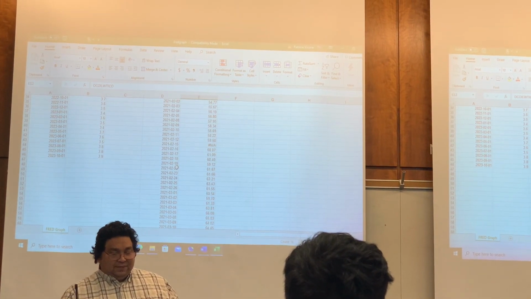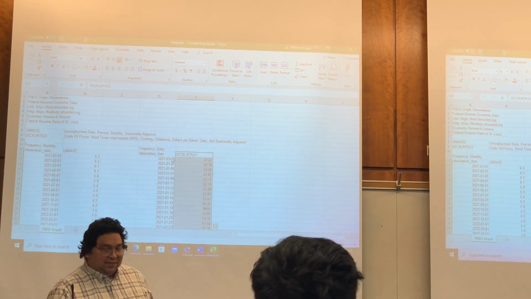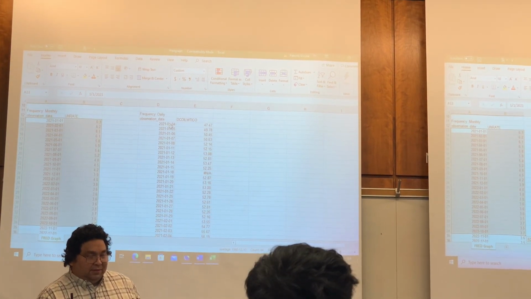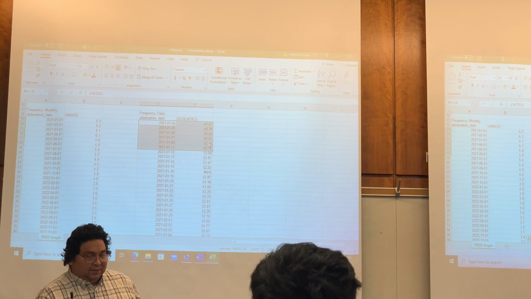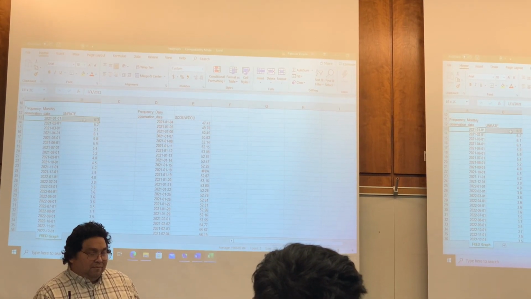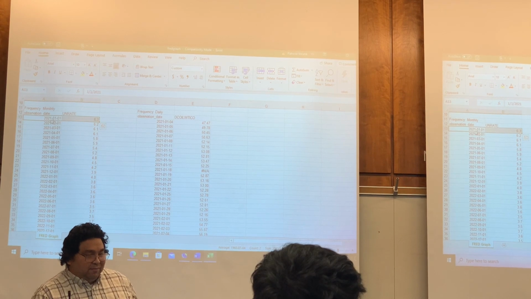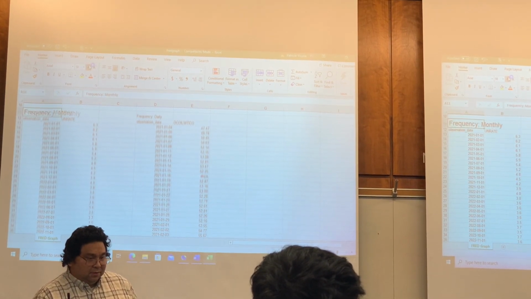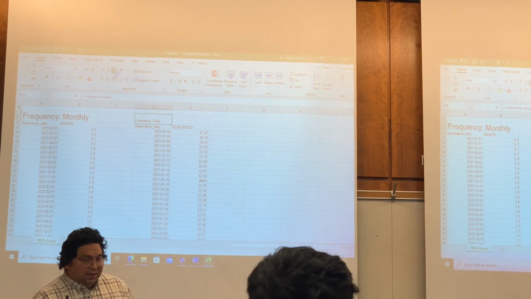But look at this: the WTI price is by days of the week, versus the unemployment rate is monthly data. Do you see here? Monthly data, and this one is daily data.